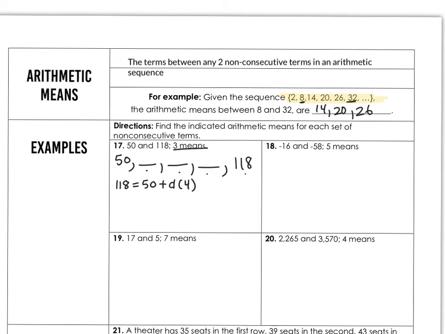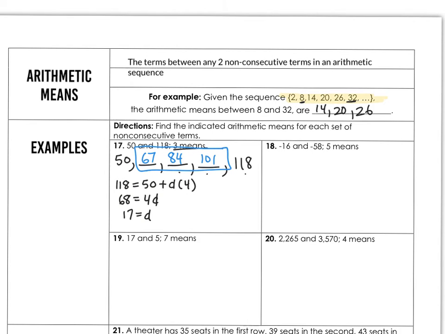I'm going to subtract the 50. That gives me 68 equal to 4D. Divide by 4, I get 17. So D is 17. That means the numbers that go in these blanks, if I add 17 each time, are 67, 84, and 101. So these are the 3 means we're looking for.